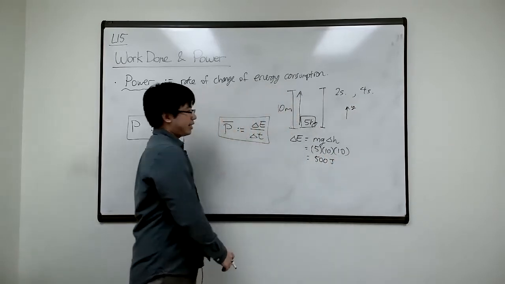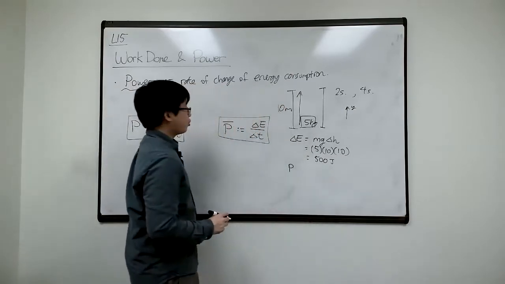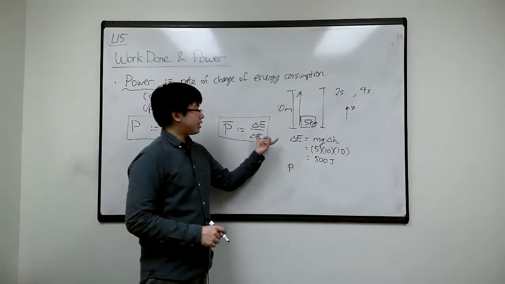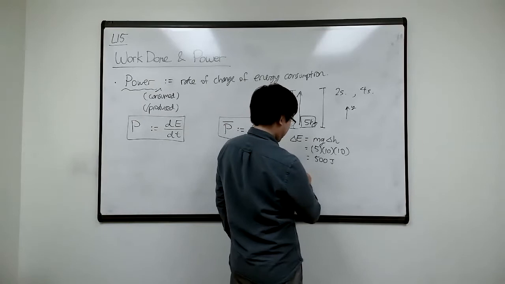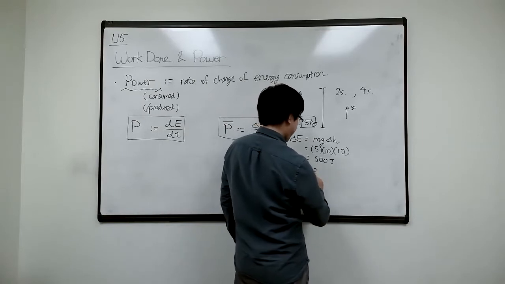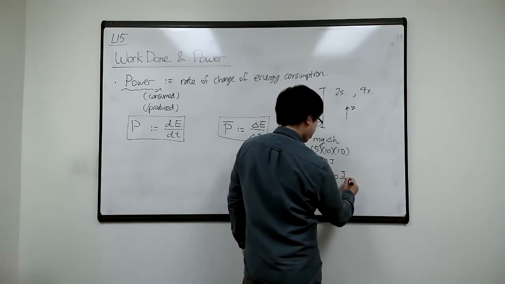If I'm doing that in 2 seconds, because my change in energy is constant, the average equals the instantaneous. So it's just 500 divided by 2, which is 250 joules per second.